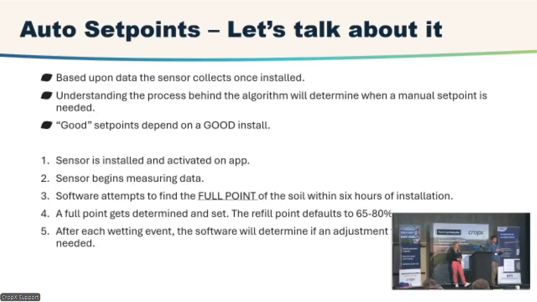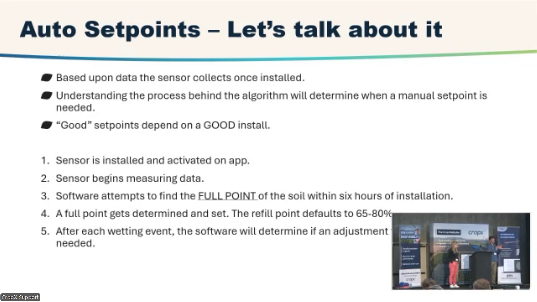And so the challenge last year with waiting 48 hours is you could have a wetting event happen between the time that you installed it and the time that the first field capacity was calculated. And so then the user input that you provided us was sort of null, like it was invalid, because we had a wetting event that happened between when you installed it and when we set those initial set points.